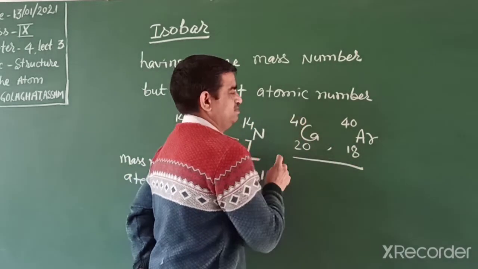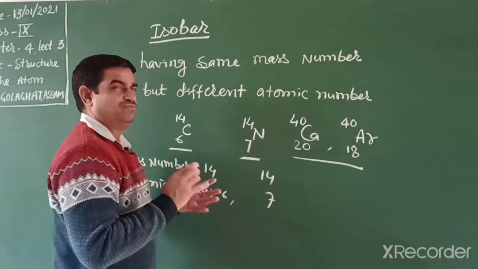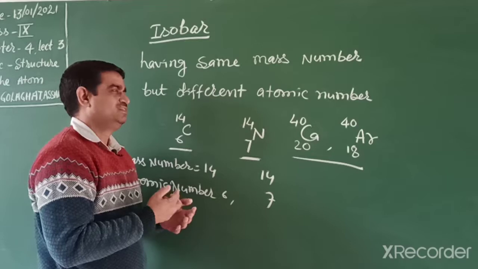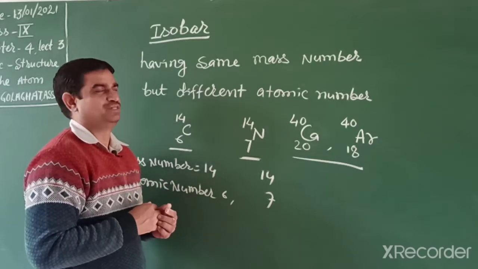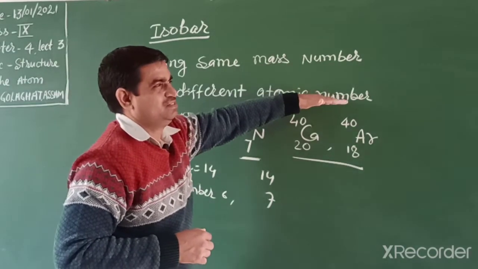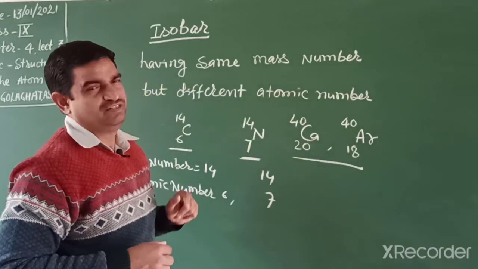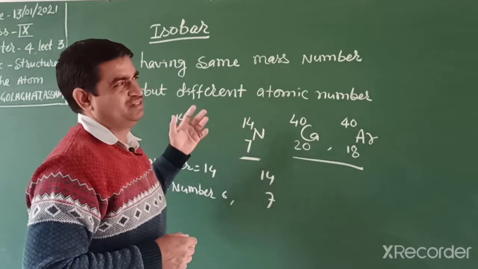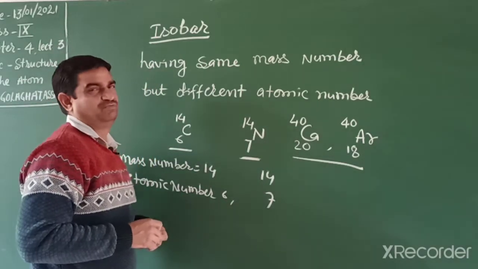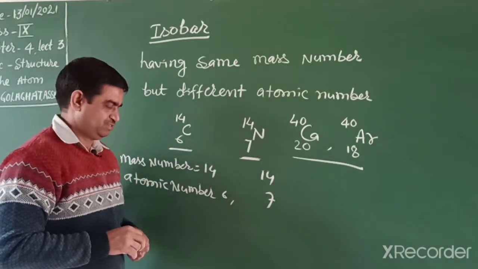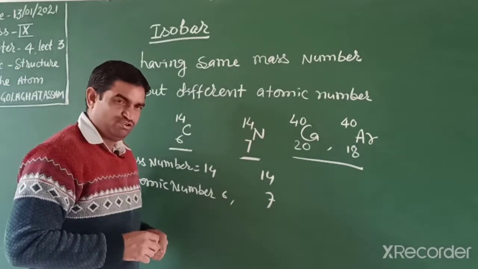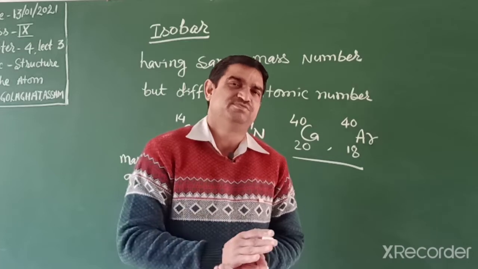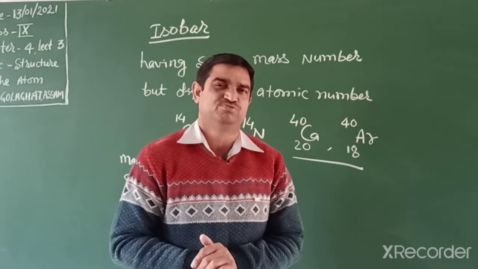So in this way you can explain what isobars are. Isobars are different elements with different physical and chemical properties, only the mass number is the same. Properties depend on electronic configuration. So in isobars both chemical and physical properties are different, and in isotopes the chemical property is the same and the physical property is different.